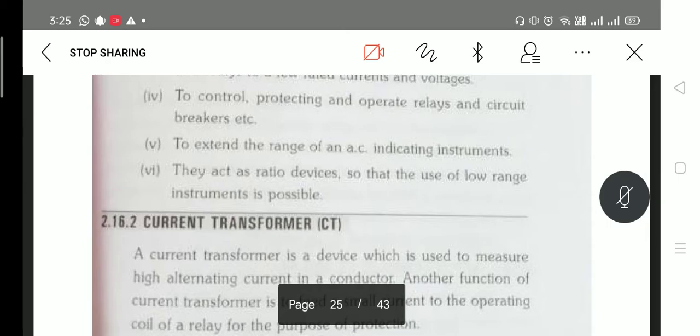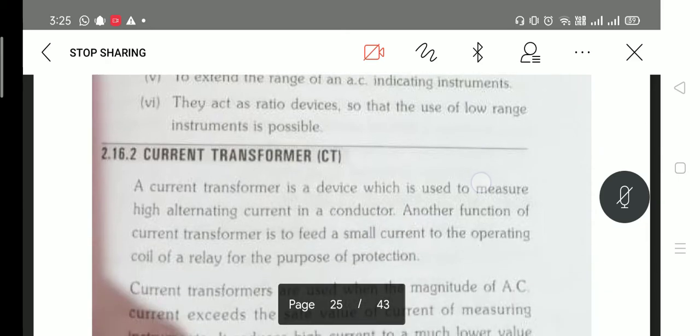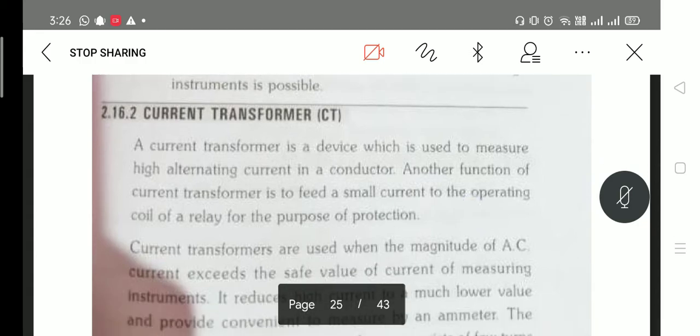And to extend the ranges of voltmeters and ammeters in AC circuits and AC transmission lines, we use this instrument transformer. We can use low range instruments also; we are not only using the high ranges. These are the important features of the instrument transformer.